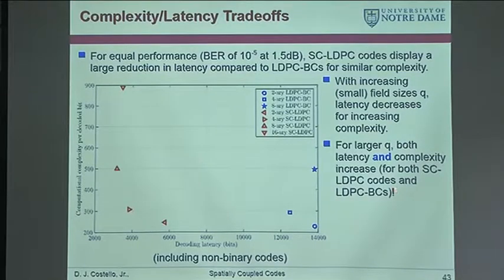Another thing to notice is that as you go to larger Q, in this case and here, when we go to the larger field size, either block or spatially coupled, the latency gets higher and the complexity gets higher. So there'd be no reason to do that. To achieve a particular error rate, you may be willing to use a higher field size to get a lower latency, but you're not going to be willing to use a higher field size to get a worse latency.